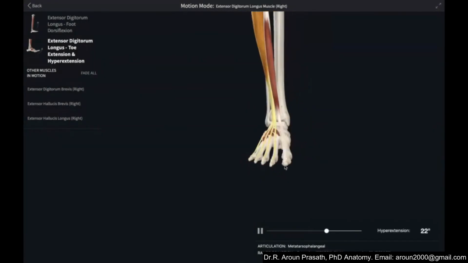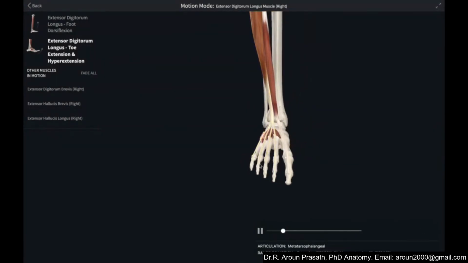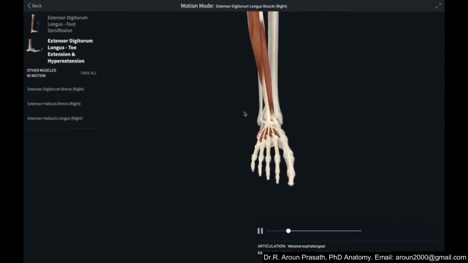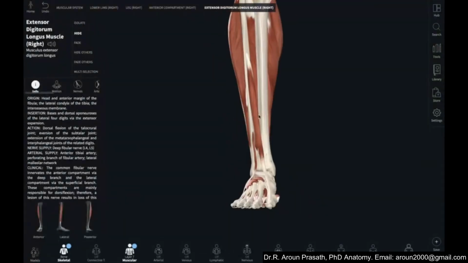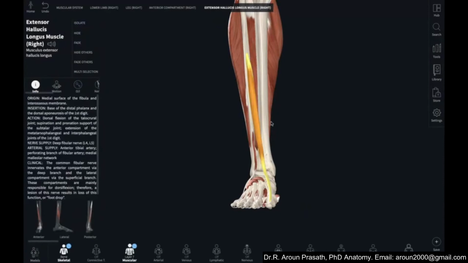Okay, this is the great toe, second toe, third toe, fourth toe, fifth toe. You see, this extensor digitorum longus muscle is not present for the great toe. It is present only for the second, third, fourth and fifth toes. This is what you have to observe here. Then apart from this, you have the extensor hallucis longus.